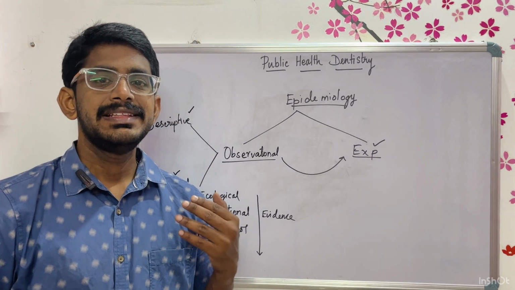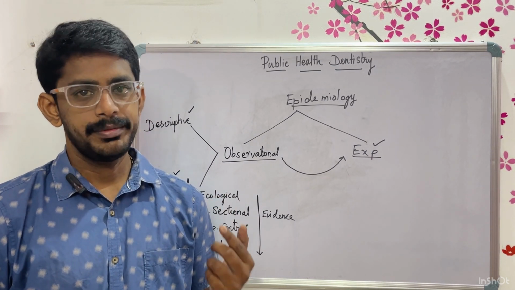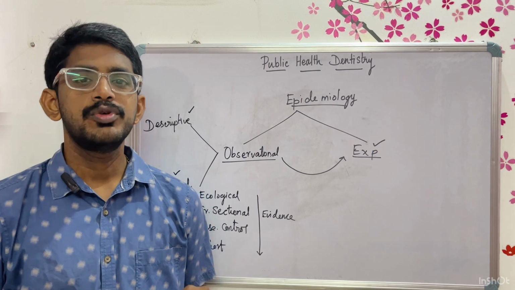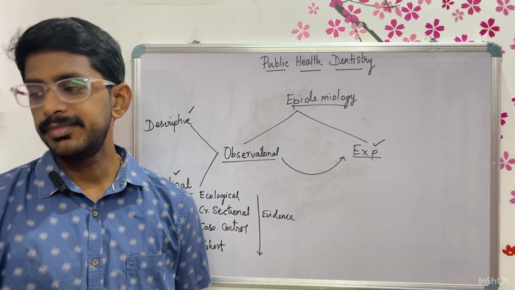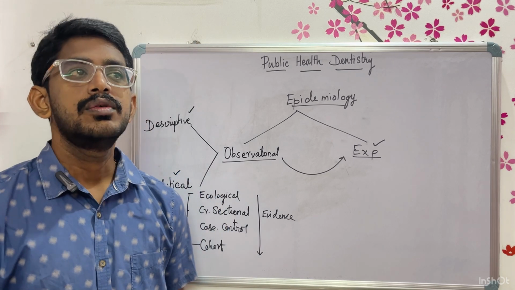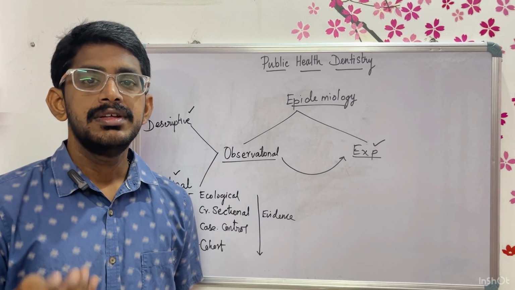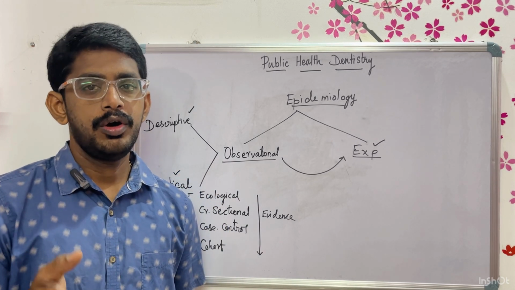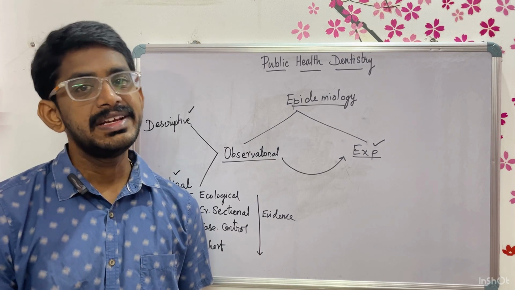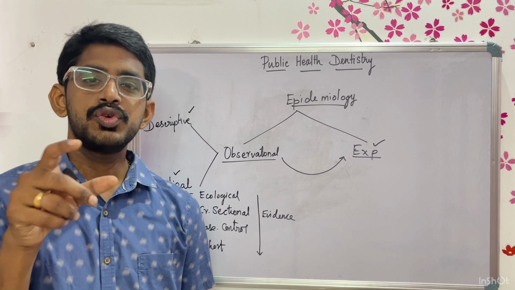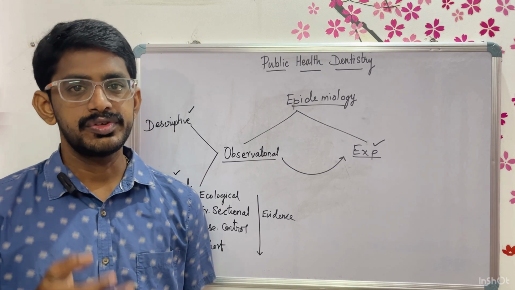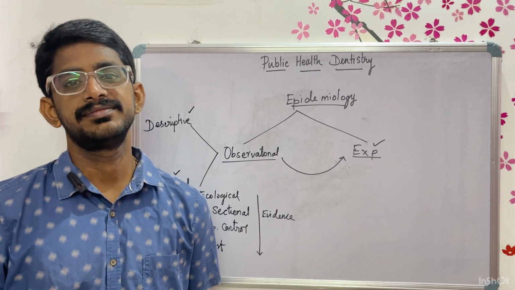So after seeing this classification of epidemiological studies, we are supposed to see another way of looking into this classification. There is something called a hypothesis. Okay, so hypothesis is a statement that should be proved or disproved by doing a research. So all these classifications depend on how you view the hypothesis or how you approach the hypothesis.